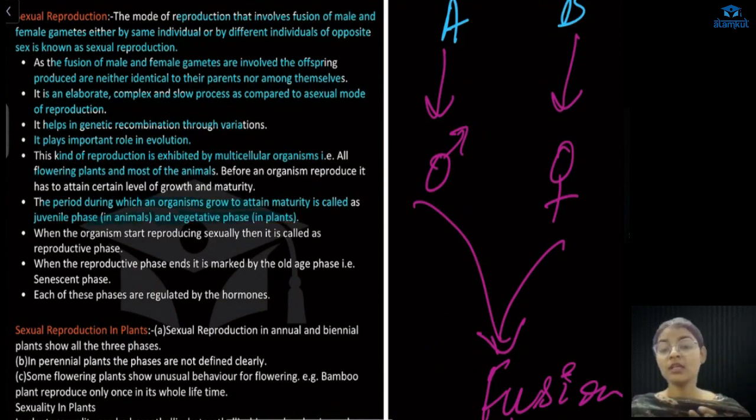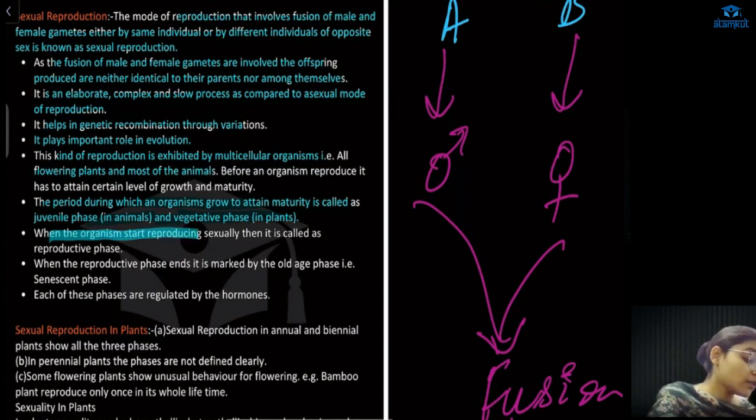Means there is a certain period limit, कि इस period तक attain करने के बाद ही they will be able to reproduce sexually, and before that period it is called juvenile phase in animals and vegetative phase in plants. Because in this phase they will not be able to reproduce through sexual method because their gametes have not matured, they don't have a certain level of energy, they don't have that kind of hormones. So up to this phase they will not reproduce through sexual method, but after attaining maturity, they will be able to reproduce sexually.